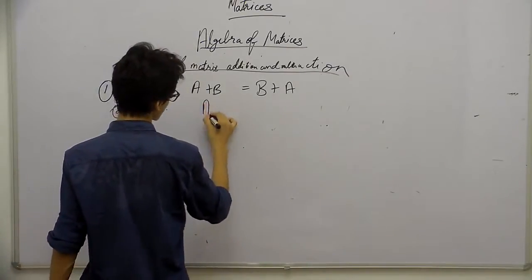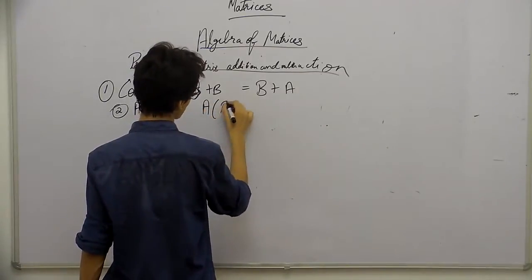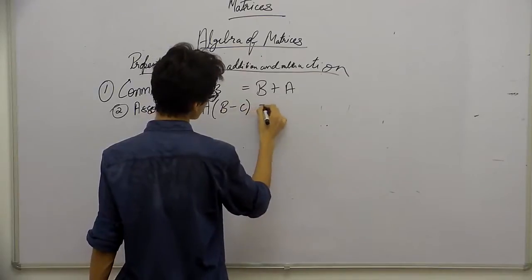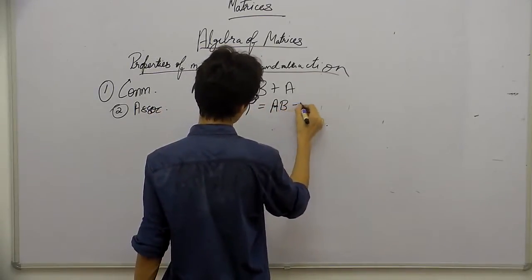So if we have A times (B minus C), this is the same as AB minus AC.